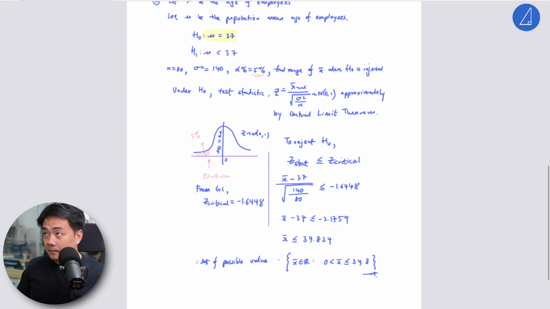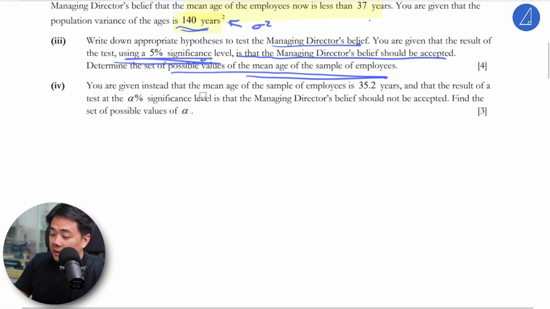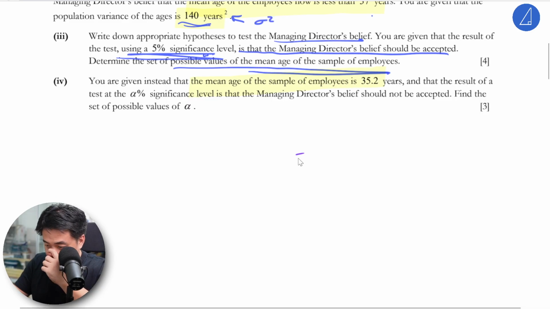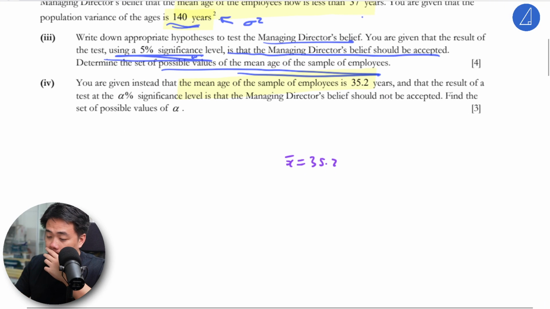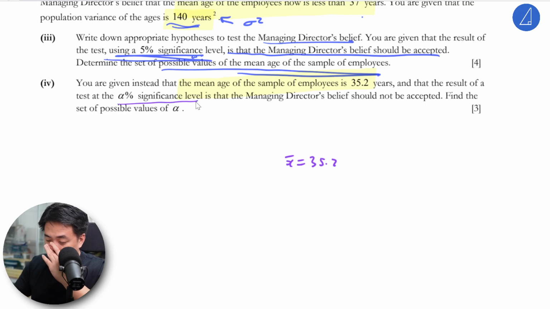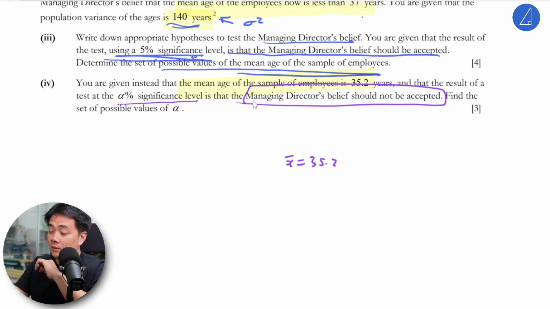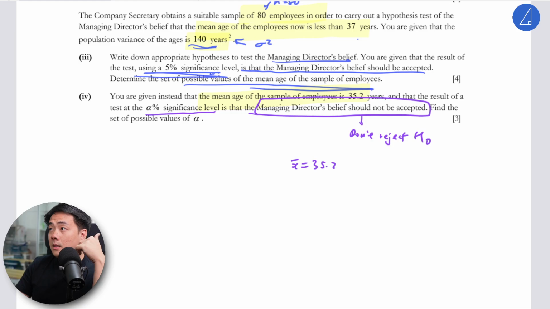For the subsequent part, you're given instead the mean age of a sample. Now your x bar is this. Okay, so you test at alpha percentage level of significance that it should not be accepted. So basically, you don't reject H naught. Okay, you don't reject H naught because now you don't want to support H1, so it's H naught. Find the set of possible values.